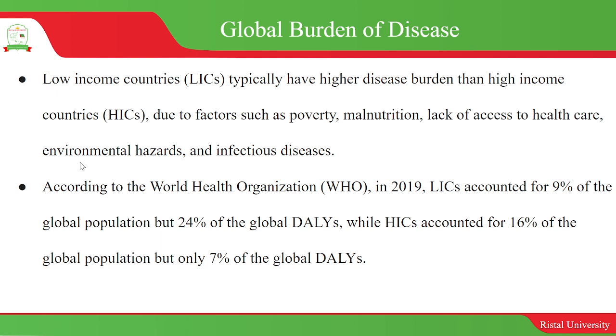And then across countries, what are the key things that we can note? Okay, so low income countries have higher disease burden compared to high income countries. This is basically what we have just explained, that social determinants of health, access to education, access to healthcare, malnutrition, and then poor sanitation, all these contribute to a number of diseases that we are actually facing.